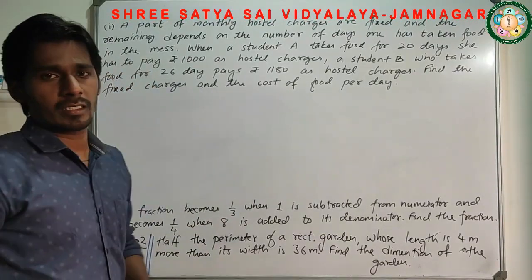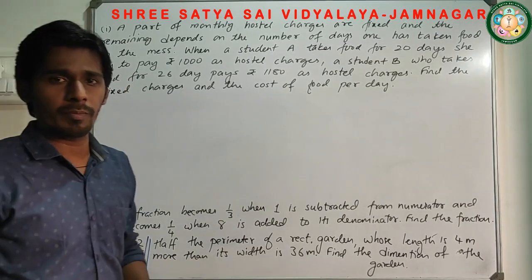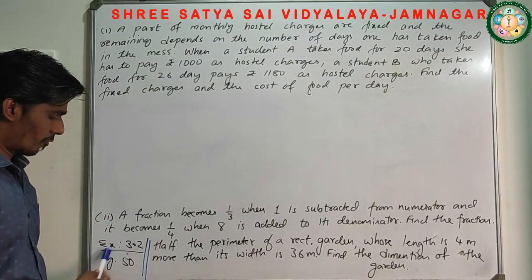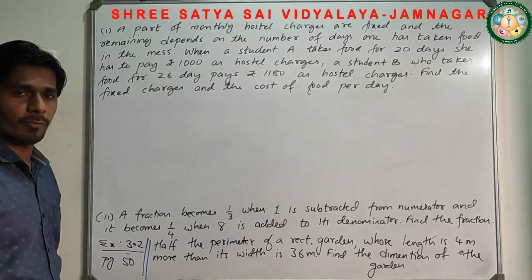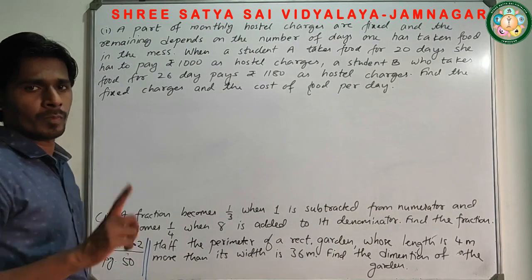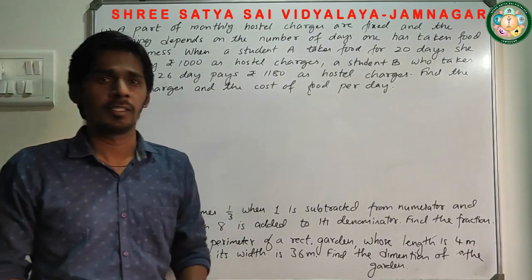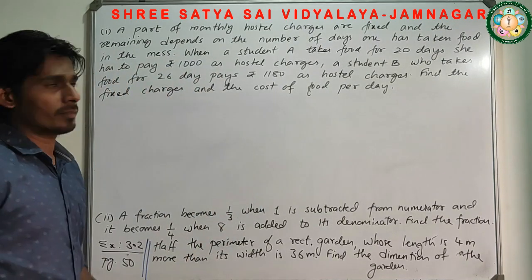Let's start with the next example. Let me explain how to form the equation for the first, second, and one more extra question from exercise 3.2, question number 5. It is on page number 50. Only one word problem is there in exercise 3.2. So let's start with this one.